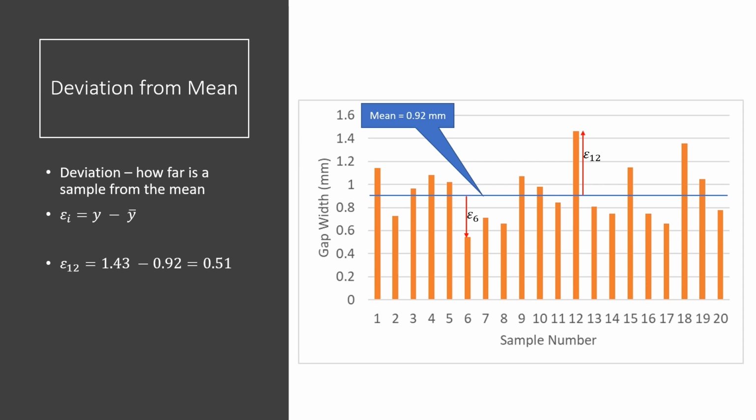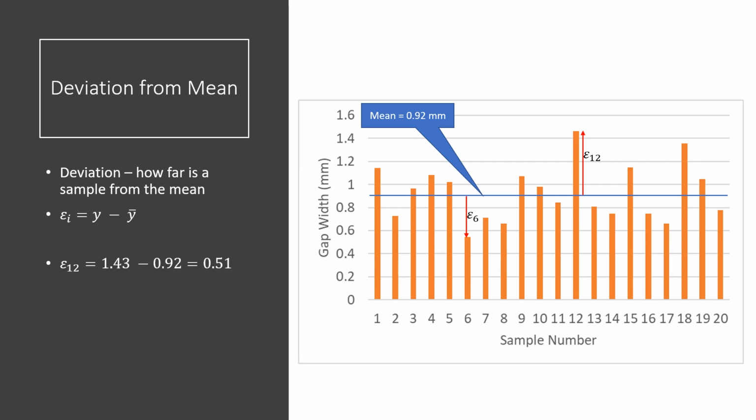In this case, what I've shown here is a bar chart for each of 20 samples. Again, I'm using the same physical property we talked about before, this gap width, say for automobile manufacturers. You might imagine that you take all these gap widths and find the mean value.